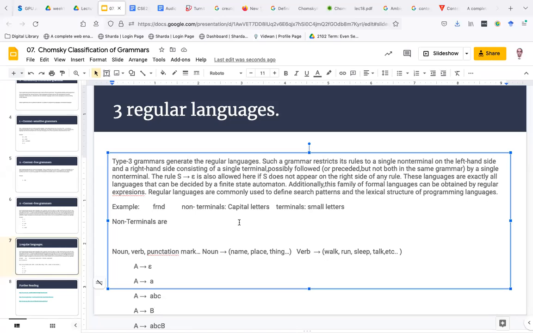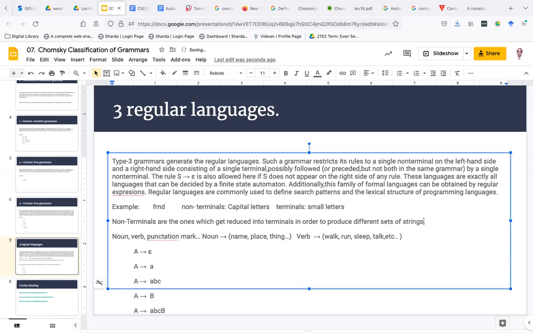But you need to understand that non-terminals are the ones which get reduced into terminals in order to produce different sets of strings. Did you understand this point? Now did you understand?